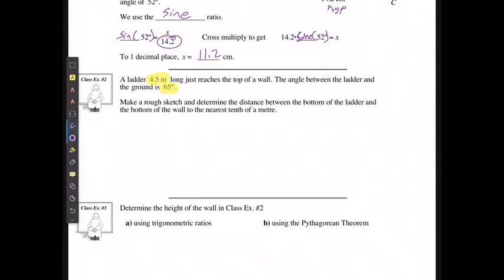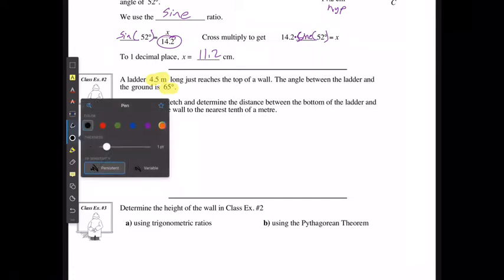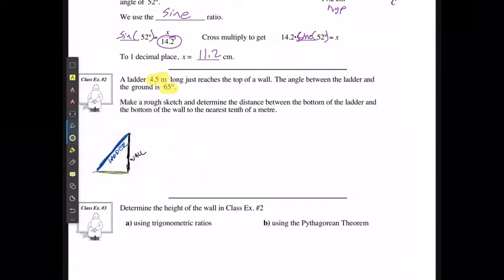I'm going to draw a picture, and I'm going to state that this is my ladder. I'm going to state that this vertical thing here is my wall. And this last side is going to be the ground. We know that the ladder is 4.5 meters long.